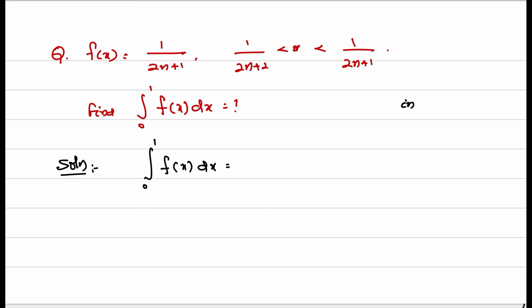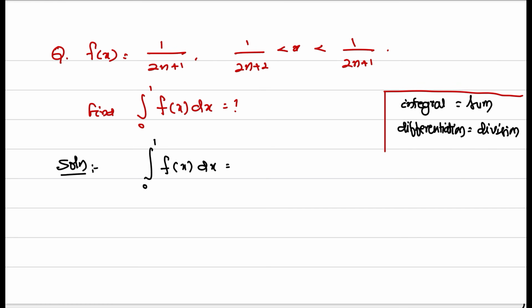Integral is equal to sum. What is differentiation? Differentiation is division. We are dividing something, and in integration we are adding something. This is the main concept.